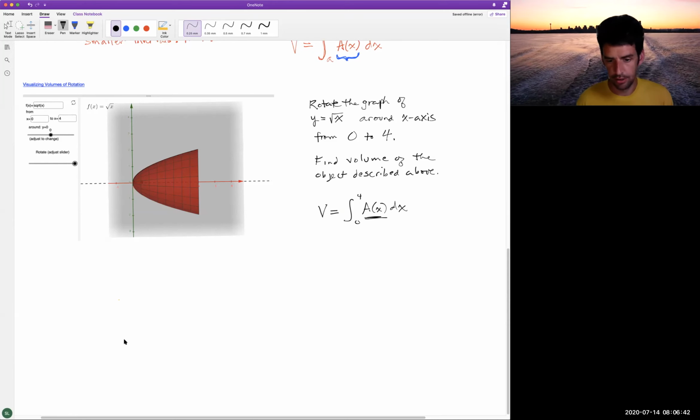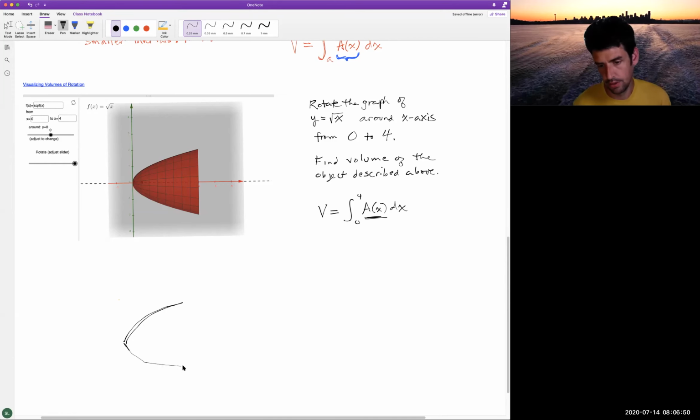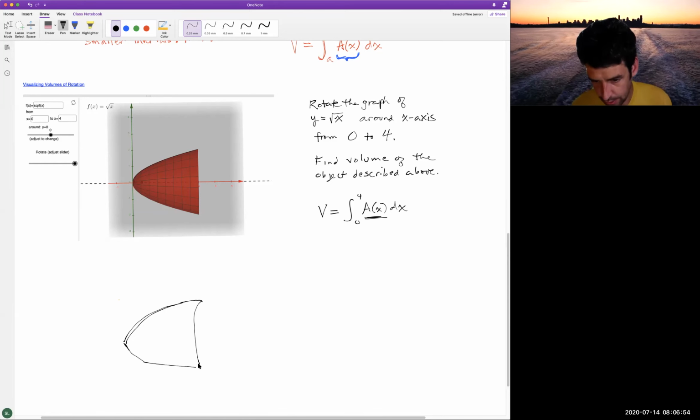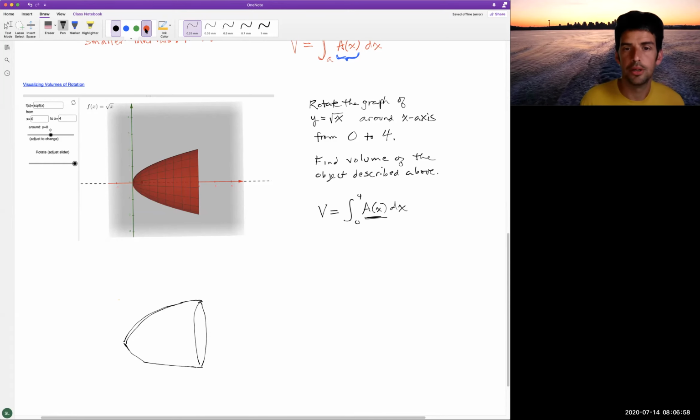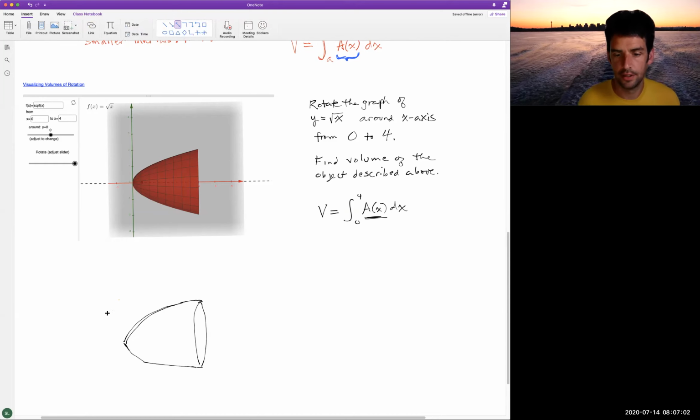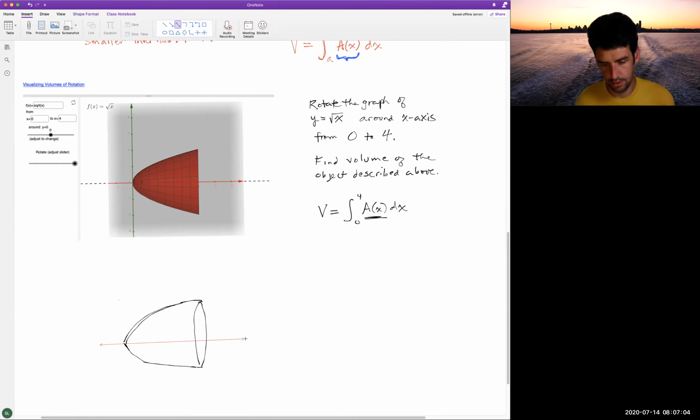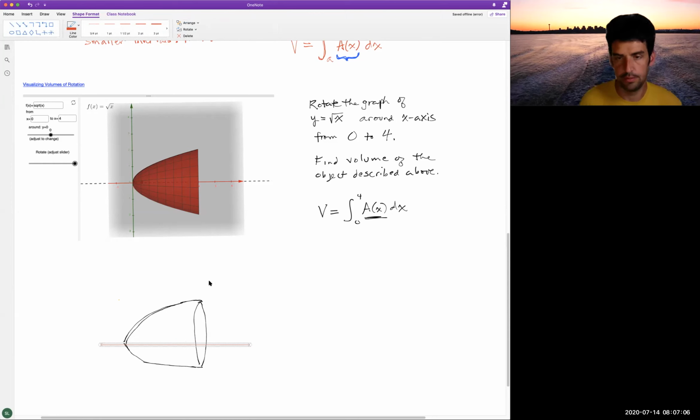Let me draw it down here. Here's my graph I've rotated around to create a shape like this. Maybe I'll put in the axis up there.